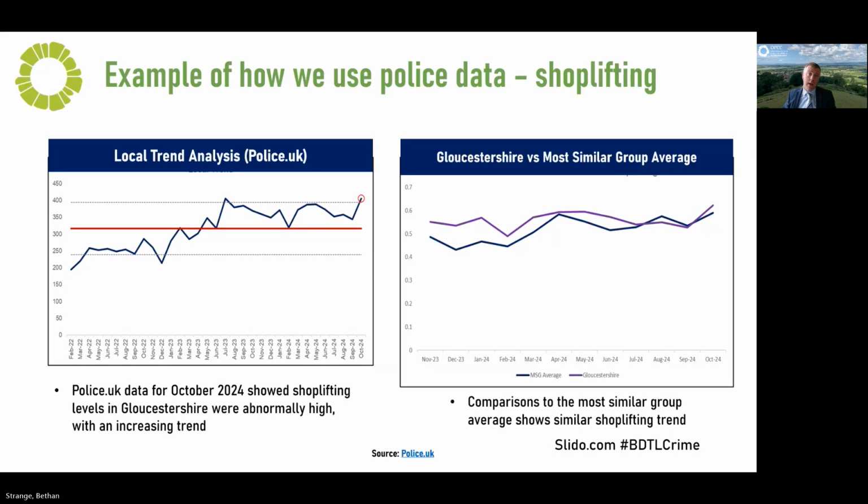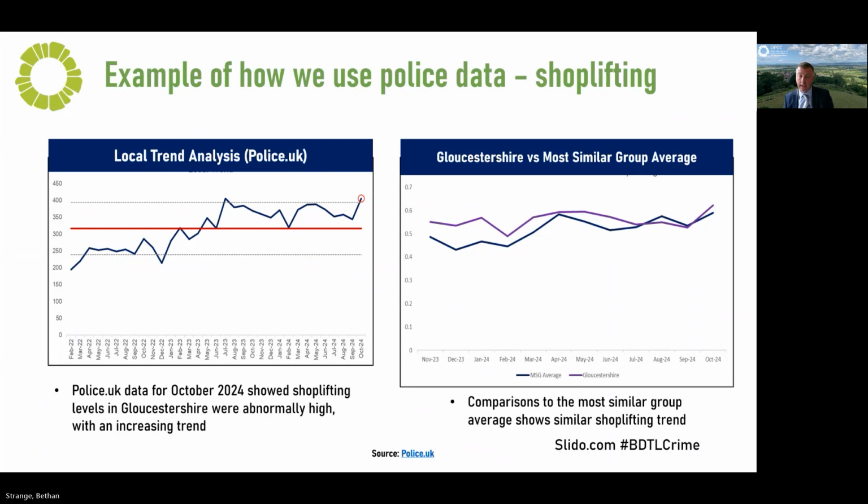But then, because as we've already said, forces report their data in a different way, we want to make sure that we're not an outlier as a county. So we'll use the Office for National Statistics data to compare with our most similar groups of forces. So here you can see us compared to the MSG average, and you can see that generally speaking, Gloucestershire has been slightly above those figures.